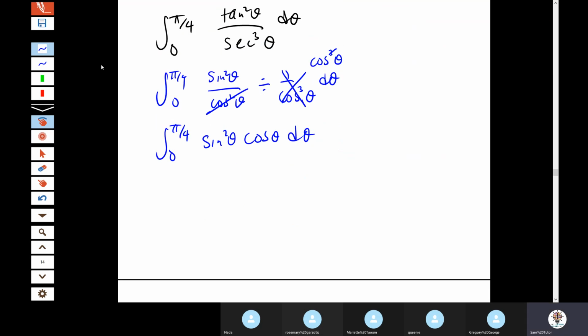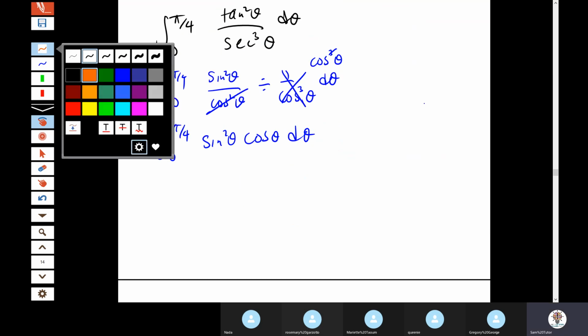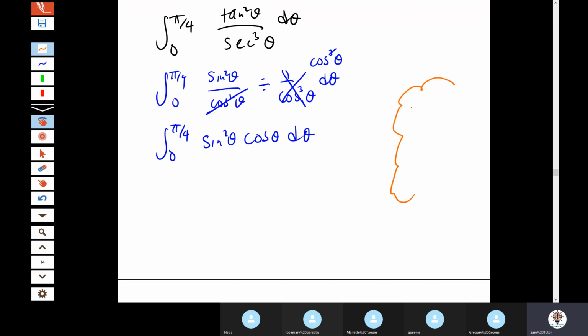So I'll just write that in orange here. We had y equals sine cubed, and we said y dash was 3 sine squared. So therefore this one would become what when you integrate it?